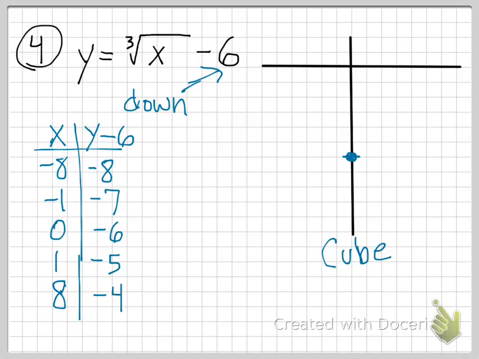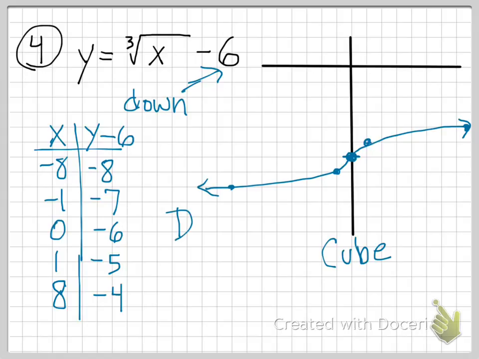So I don't go all the way out to 8, but we can do the ones real close. So we have our 1s, and then we go out to the edges. Remember, it always goes up on the right and down on the left. That helps with the shape.